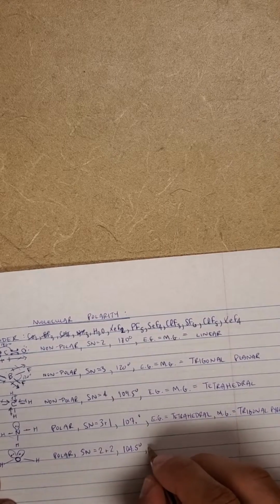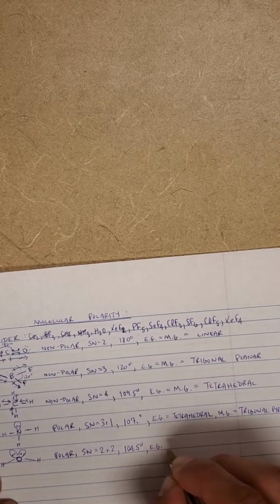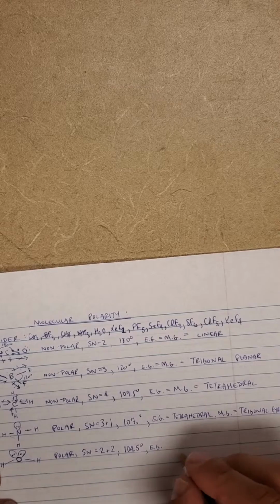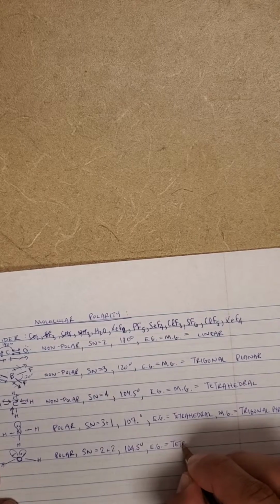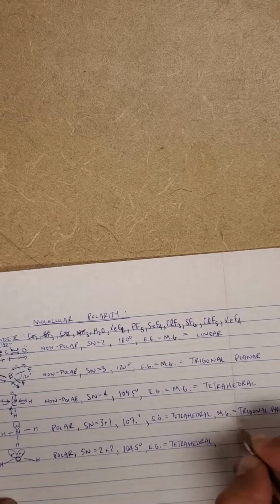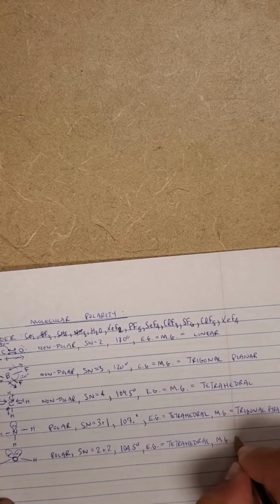Since it's polar, the electron geometry is different from the molecular. Again, steric number of 4 will be tetrahedral electron geometry, and the molecular geometry is going to be bent. All right, there's water.